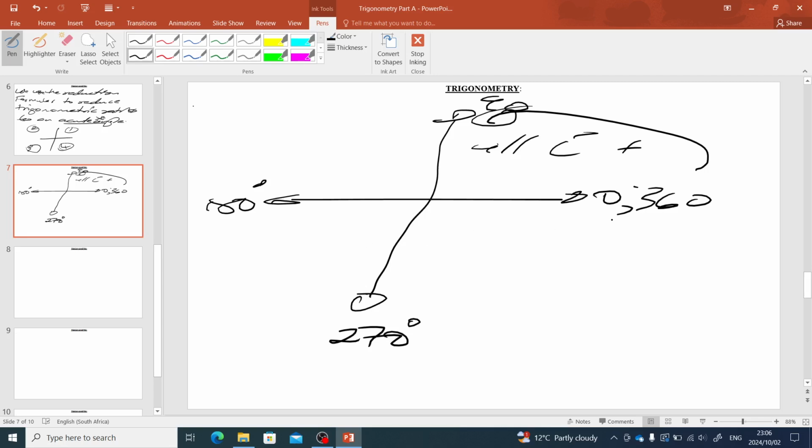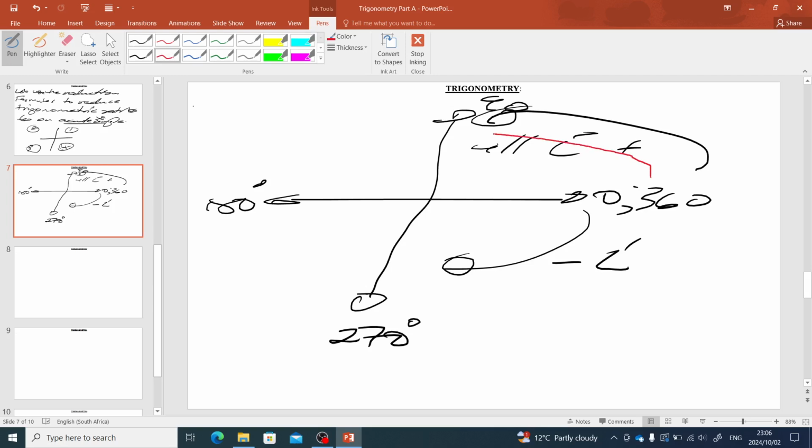But when we rotate clockwise, all angles are negative. Even 0, 10, 20, 30, 40 are all positive if we are rotating anti-clockwise.